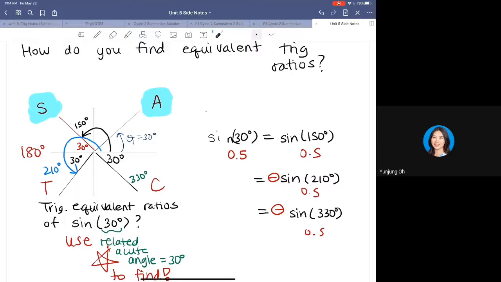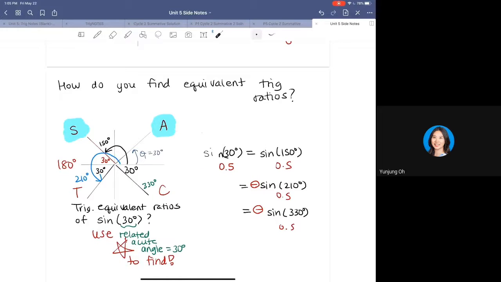On my calculator, sine 30 is equal to 0.5, and when I do negative sine 210, I will get 0.5. Otherwise I would have gotten negative 0.5. So how am I going to make it equal? The easiest thing for me to do is put a negative sign in front of that. So I basically went through 1, 2, 3, so 2 equivalent trig ratios to sine 30.